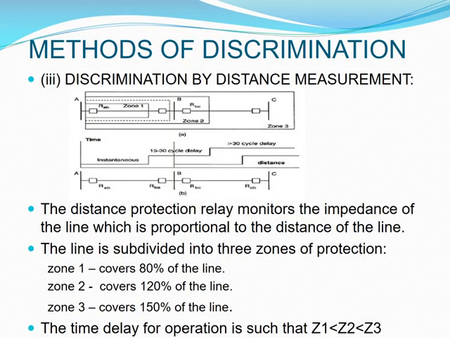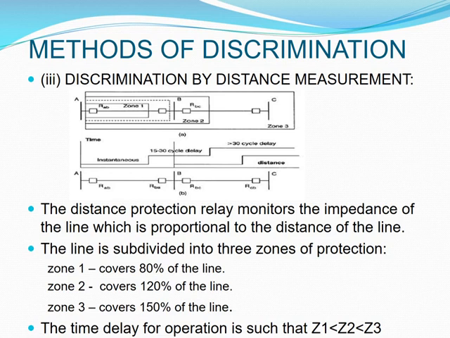Then the last discrimination that we have, we call it discrimination by distance measurement. And this one really, we talk of the distance protection relay, which monitors the impedance of the line in proportion to the distance of that line.